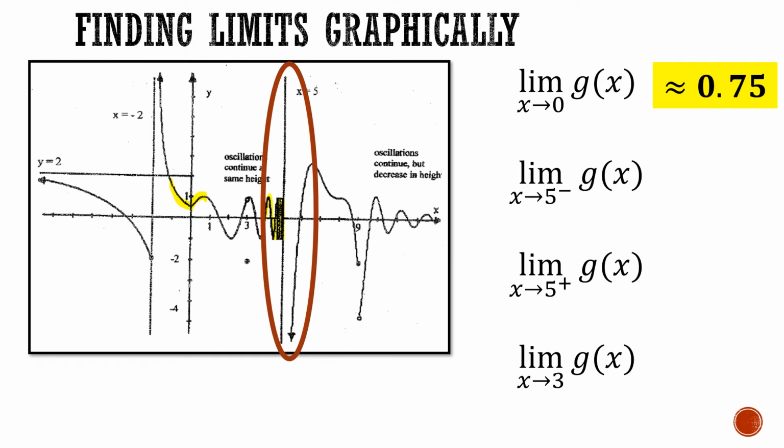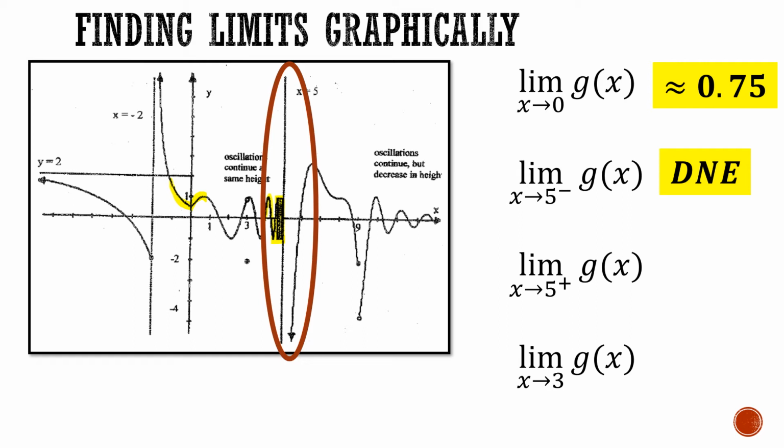But it's oscillating at the same exact height. So as I get closer to 5, it's bouncing up and down between these two values. It looks like it's bouncing between -1 and 1, up and down, up and down. That means I can't specify what that limit is, because I don't know if it's -1 or 1 or somewhere in between. So the left-hand side of 5, because it's oscillating at the same height, that limit does not exist.